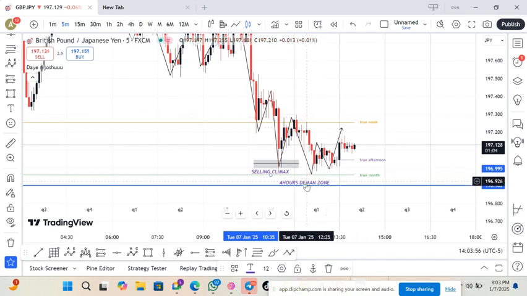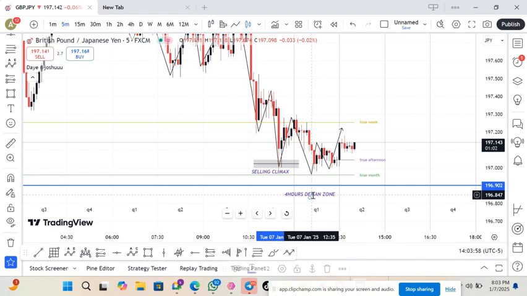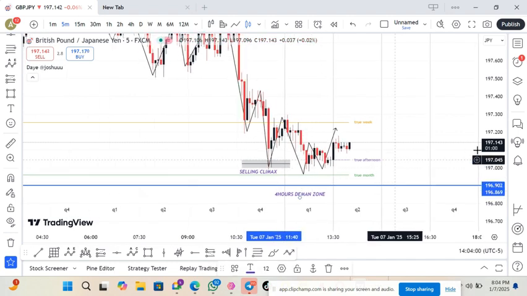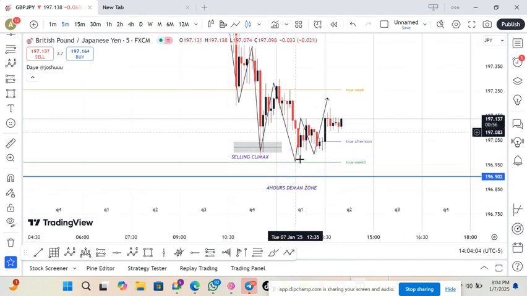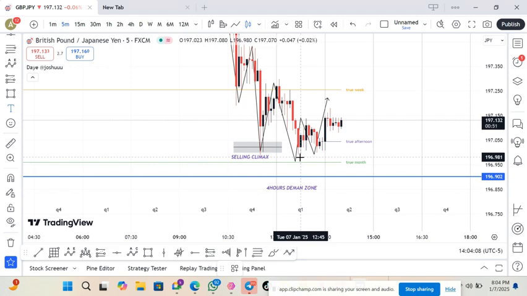So now, after the selling climax, what do we look for next? We look for a test of the same zone. So we already have our test here. You can see the test is here. We have two types of tests.